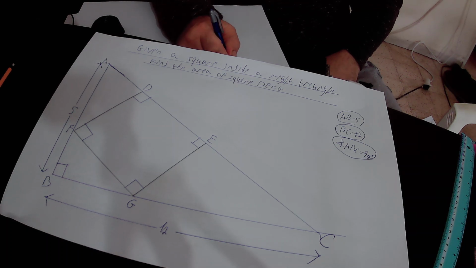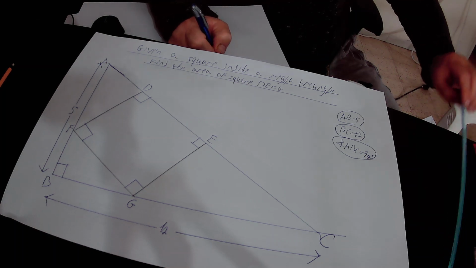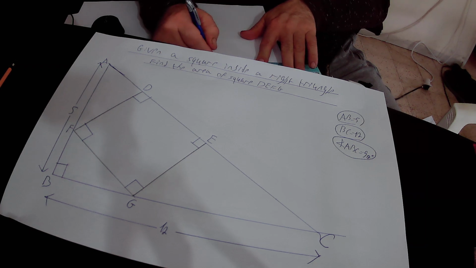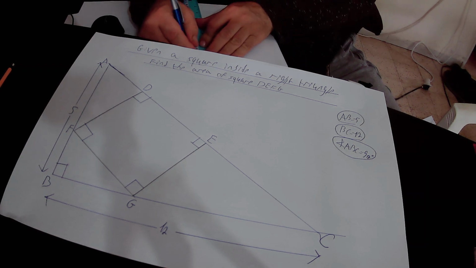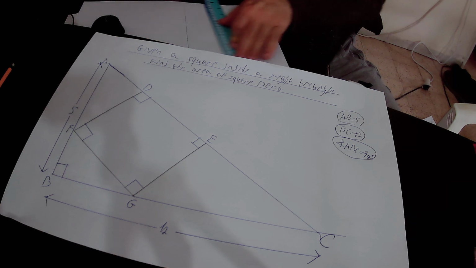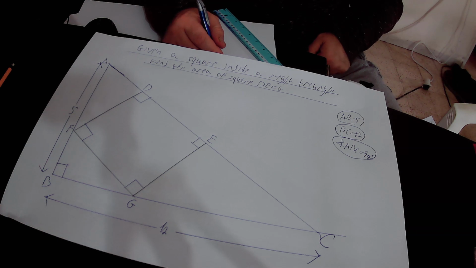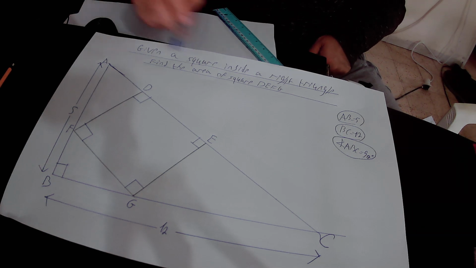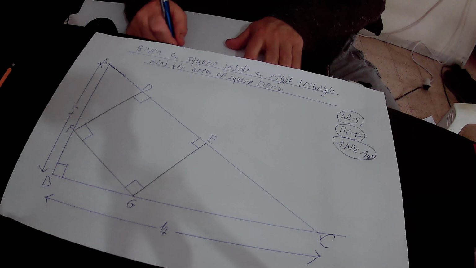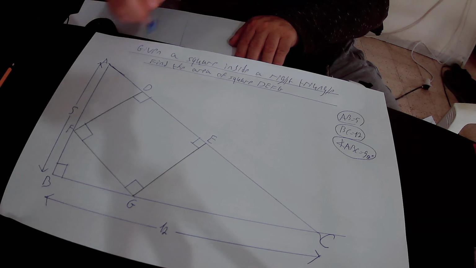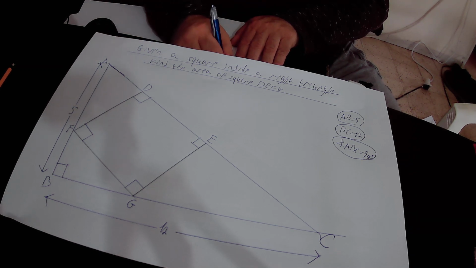According to the Pythagoras theorem, in any right triangle, the square of the hypotenuse equals the sum of the squares of the perpendiculars. So, in the right triangle ABC, the hypotenuse is AC, and therefore the square of the hypotenuse is AC squared, and it must be equal to AB squared plus BC squared.